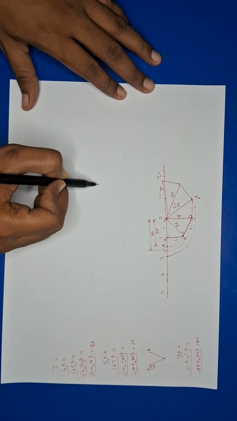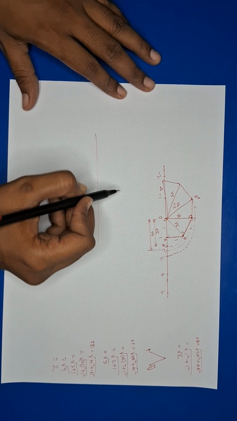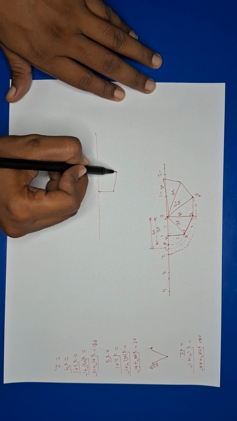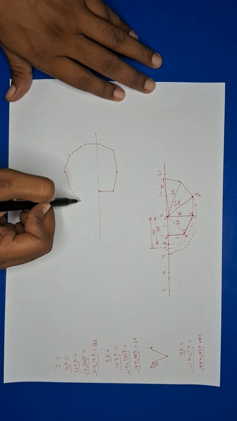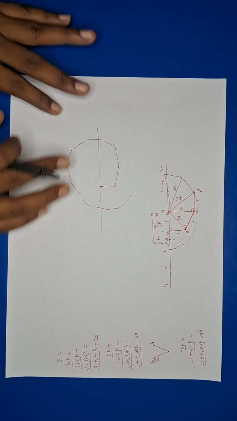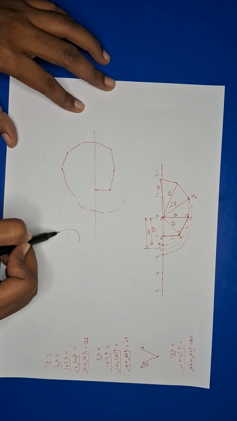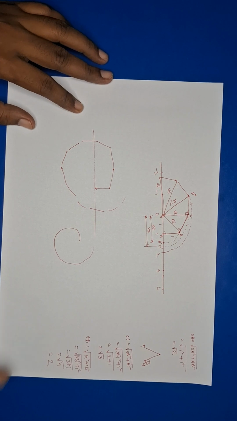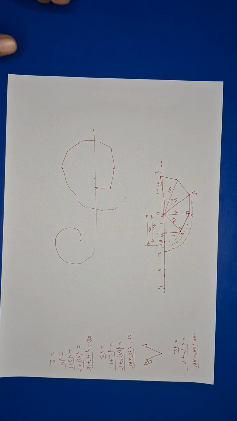So the figure will be somewhat like a spiral. I have not been able to draw it properly, but it will be somewhat like this spiral nature. Okay, so I hope you have understood how to represent the irrational number in number line.